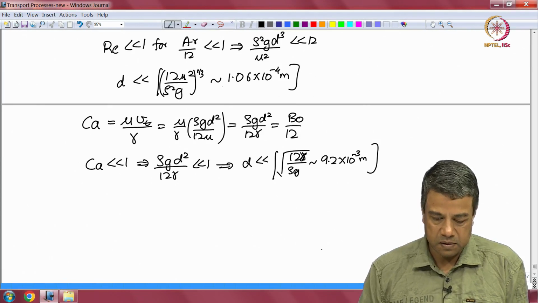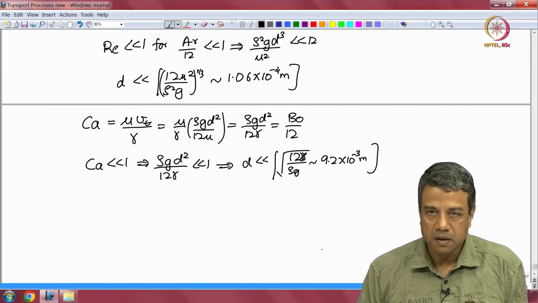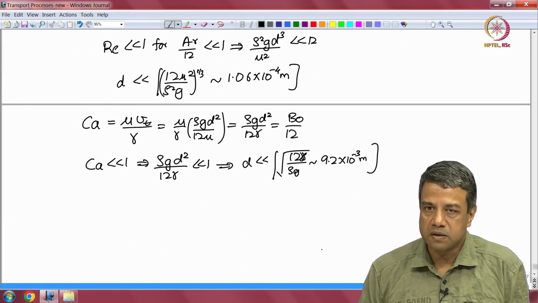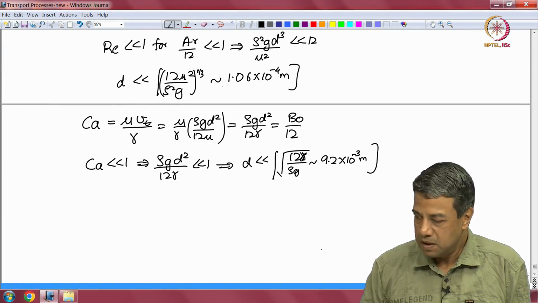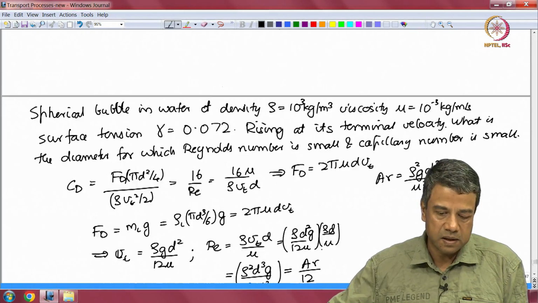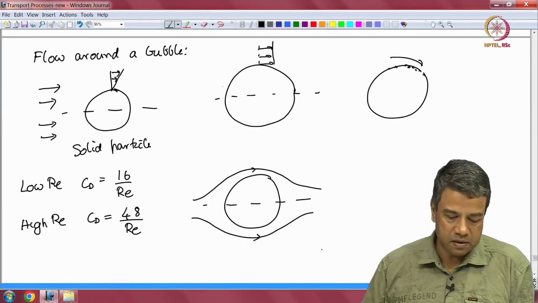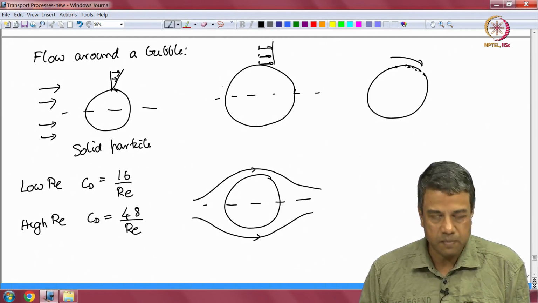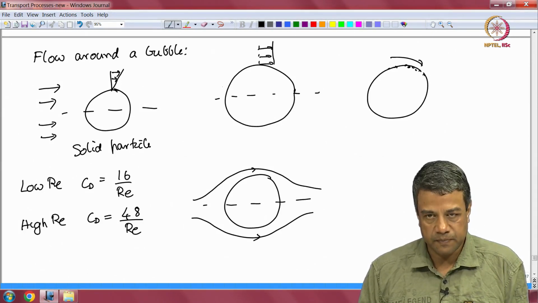Okay. So, to summarize, for bubbles we can neglect the density within the bubble. There is a zero stress condition at the surface, because of which there is no separation of boundary layer and so on. For a laminar flow at low Reynolds number, the drag coefficient is 16 by Re. For a turbulent flow, it is 48 by Re.